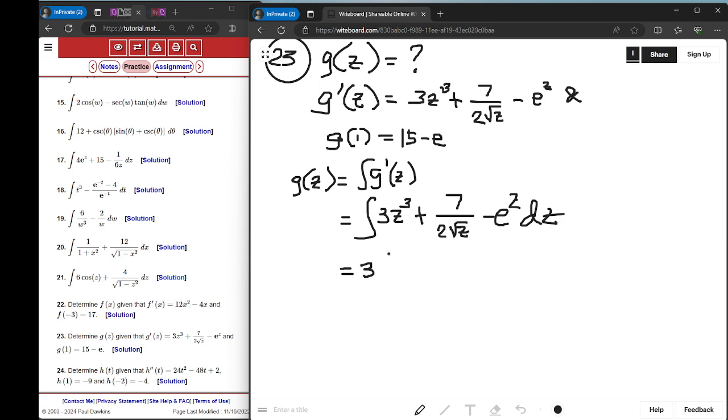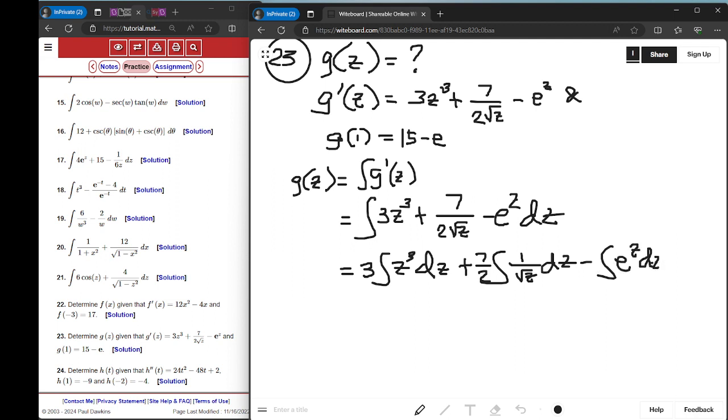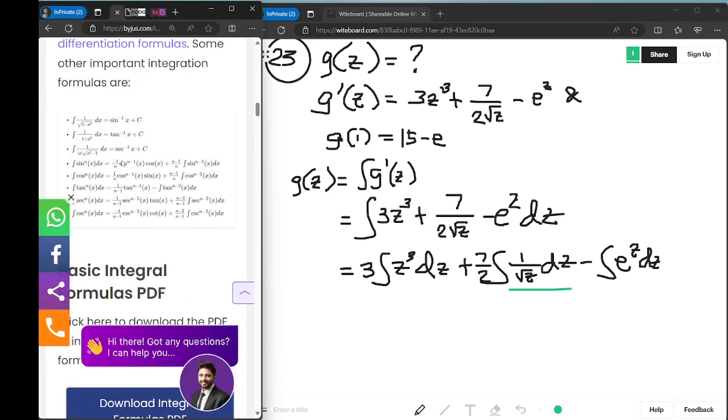So this will become 3 times the integral of z cubed dz plus 7 over 2 times the integral of 1 over square root of z dz minus the integral of e to the z dz. I know how to integrate z cubed and e to the z, but let me check first how to integrate 1 over square root of z.